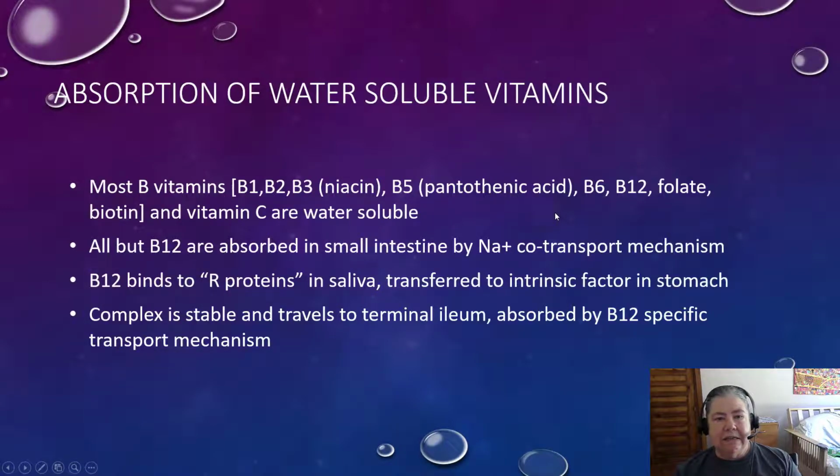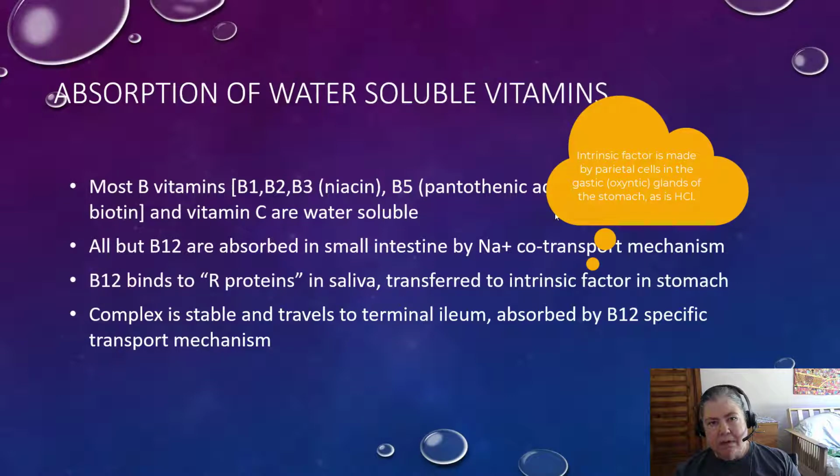Water-soluble vitamins, including the B vitamins and vitamin C, are absorbed by co-transport mechanisms using the gradient of sodium. The exception is vitamin B12, also called cobalamin. Cobalamin binds to proteins in the saliva and in the stomach is transferred to the intrinsic factor that we talked about being secreted along with hydrochloric acid.